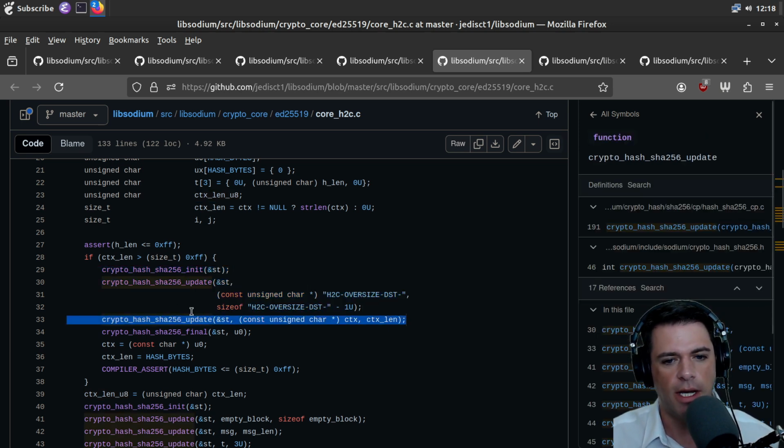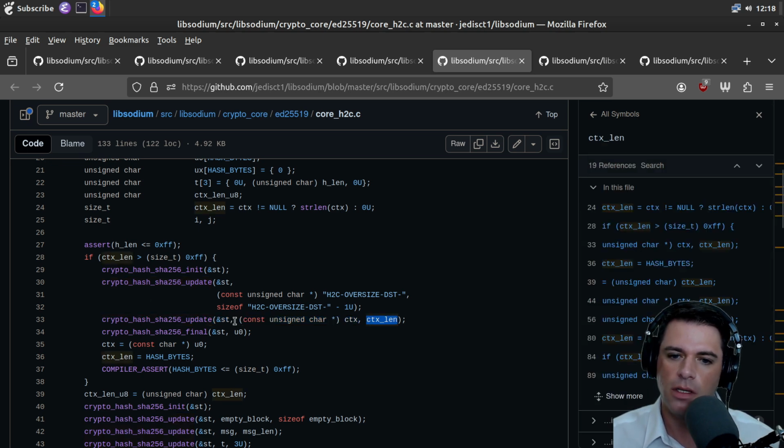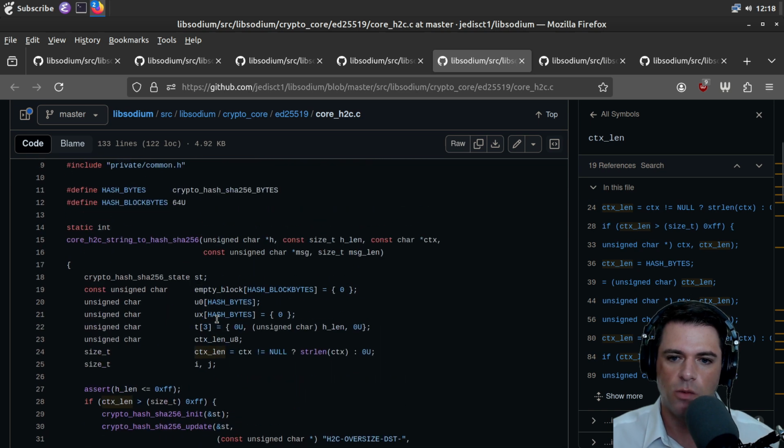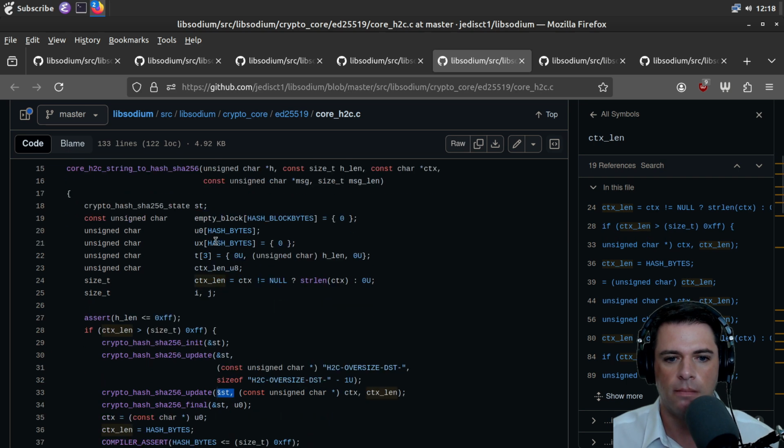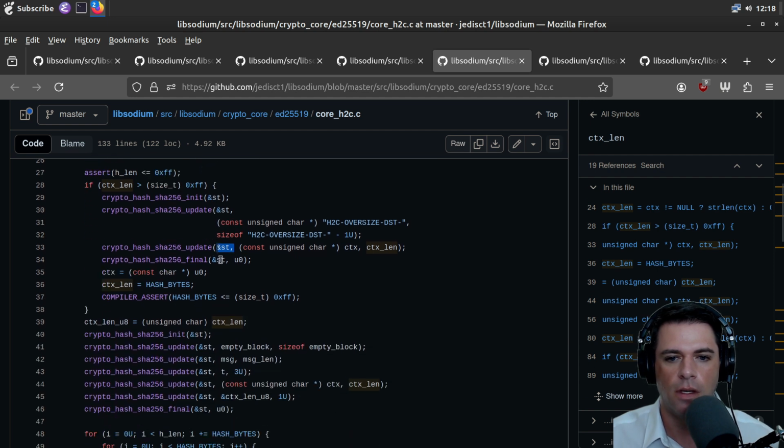And then we're going to call SHA-256 update passing in ST, which was what? Where did we get ST? I'm not sure. But then we finalize passing in U0.